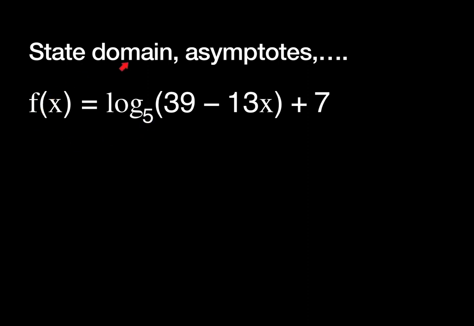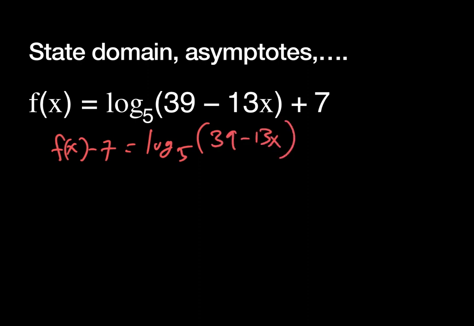5 to some power equals this stuff. Or if I move that 7 over, it would be f of x minus 7 equals log. Now, you don't have to do this, but in my head, this is what I'm thinking through when I'm trying to determine what things can be and cannot be. 5 to some power will equal this value.